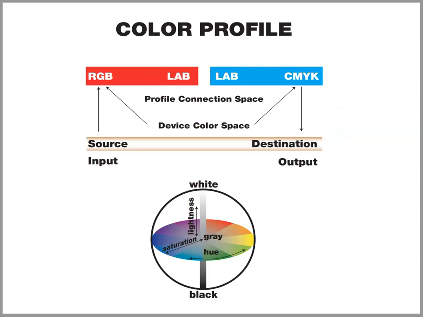Now, a color profile, which we're going to talk more about, is a translator. We have RGB values that we have on our file, and what we want is to have something interpret that RGB and give us the very best CMYK reproduction of that RGB that we can get.